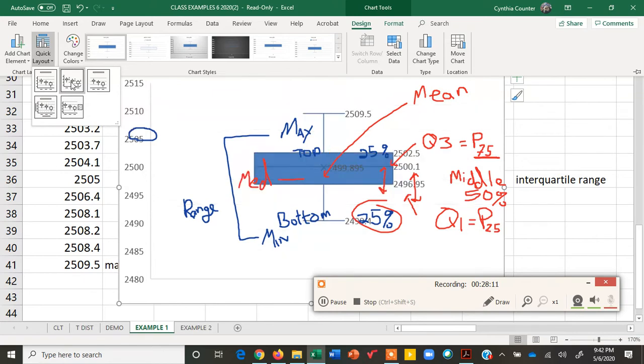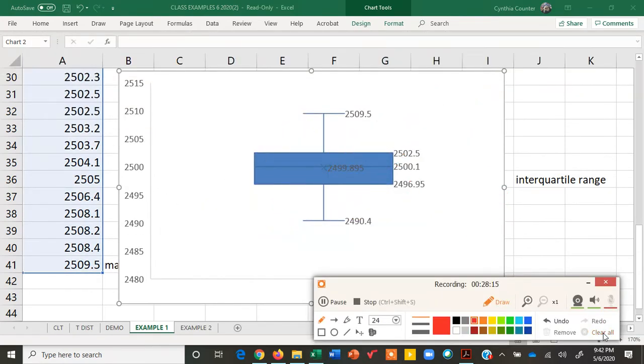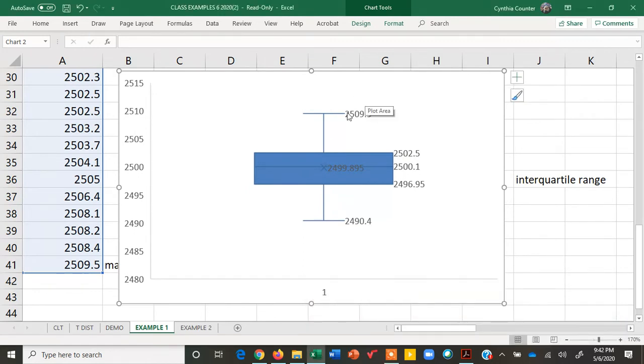So I'll click on this, and I will clear all my writing and see what we have here. We have the max written right there, the min right there. Here is the mean, median, upper quartile Q3, lower quartile Q1. 1, 2, 3, 4, 5, 5-number summary.